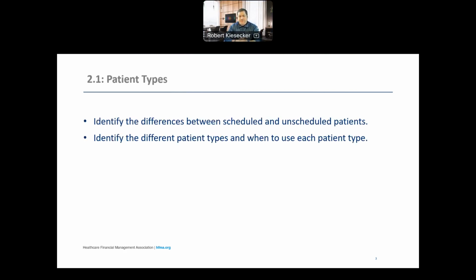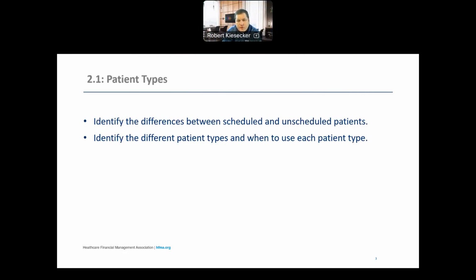The types of patients that we see in the revenue cycle in healthcare vary. It may seem like it would be pretty self-explanatory, but there's a lot of nuances to this.